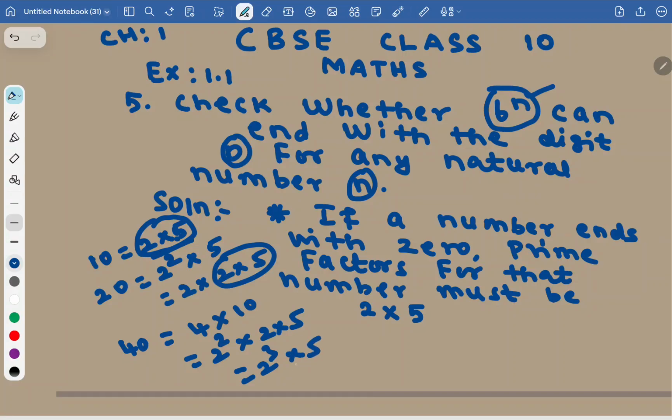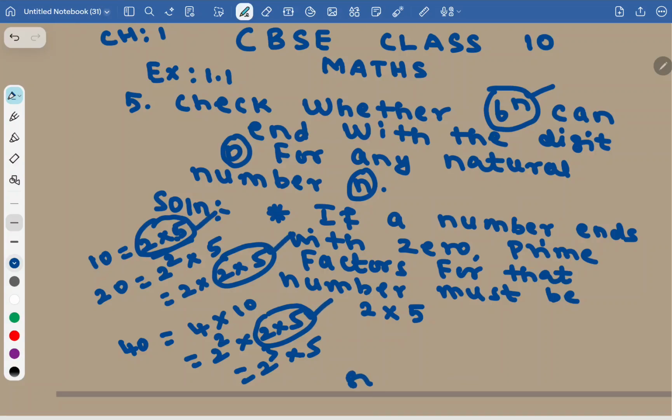Here also 2 into 5. Therefore, for all the numbers 10, 20, 40, 50, 60, 70, 80, 100, 1000, whose last digits are 0, the factors must include 2 into 5.